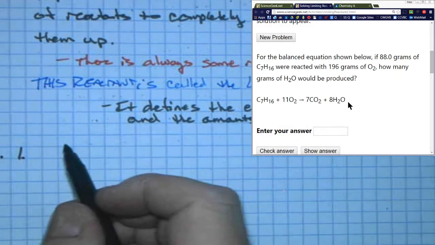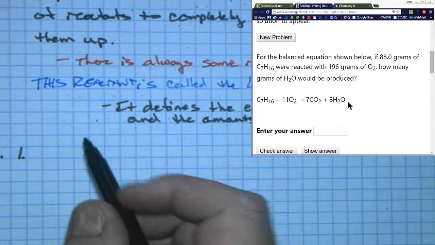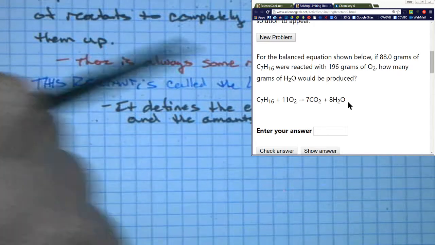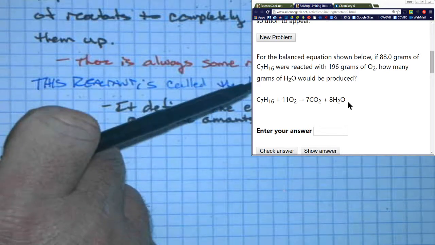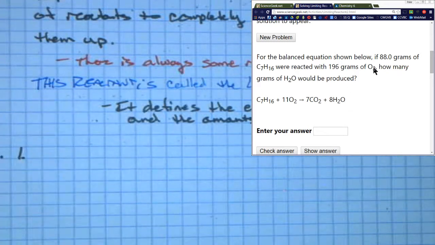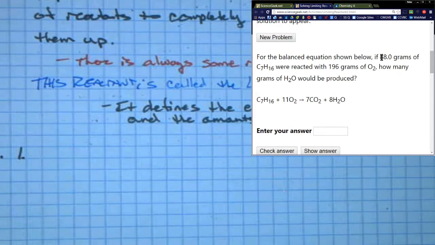We're looking at C7H16 and oxygen. We have 88 grams of C7H16, which is actually heptane, one of our reactants, and the other one is 196 grams of oxygen.